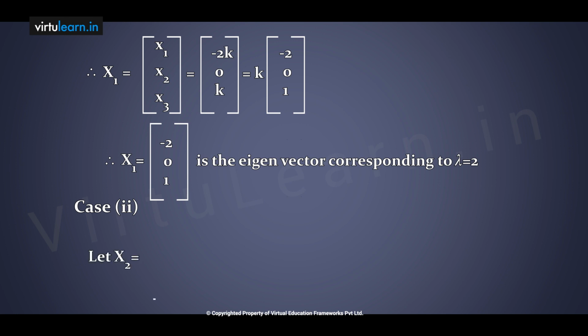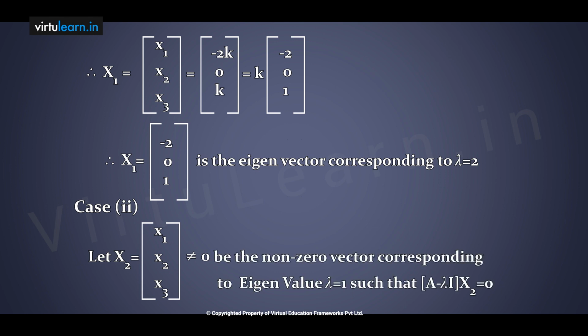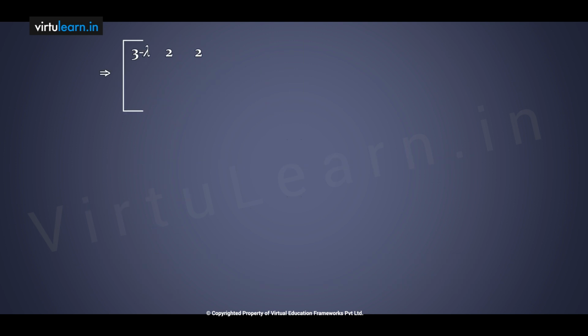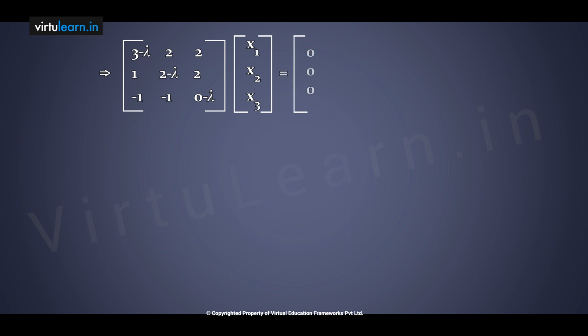Let x2 equal to x1, x2, x3 which is not equal to 0 be the eigenvector corresponding to eigenvalue lambda equal to 1 such that matrix A minus lambda I into x2 equal to 0. Once again I am writing here matrix A minus lambda I, that is 3 minus lambda, 2, 2; 1, 2 minus lambda, 2; minus 1, minus 1, 0 minus lambda, into vector x1, x2, x3 equal to 0, 0, 0.